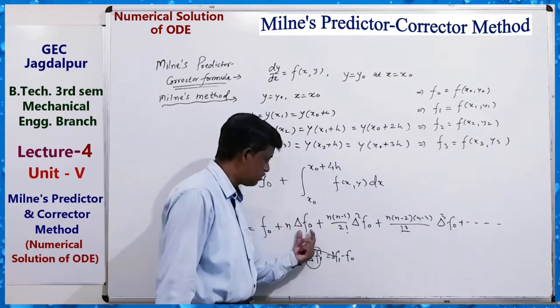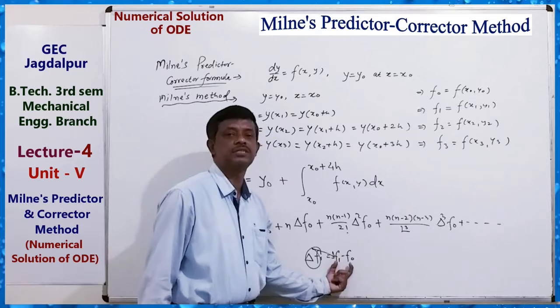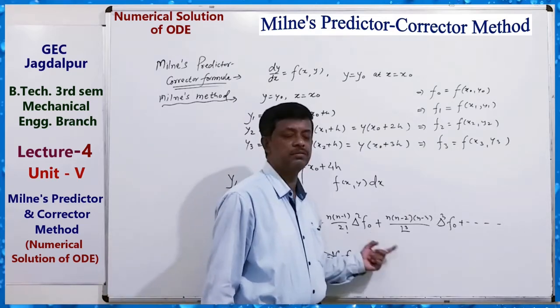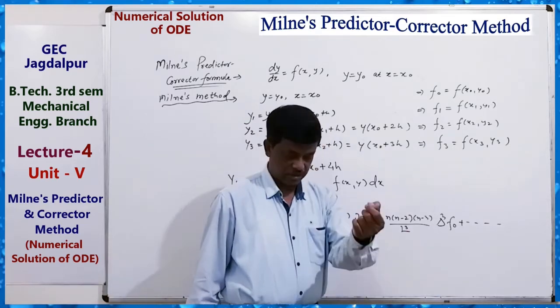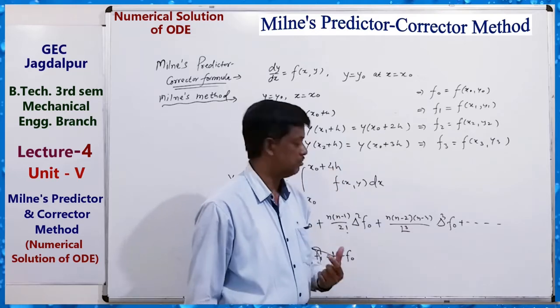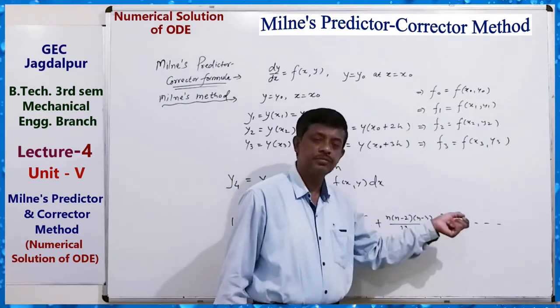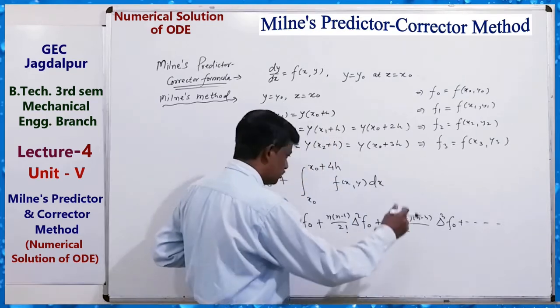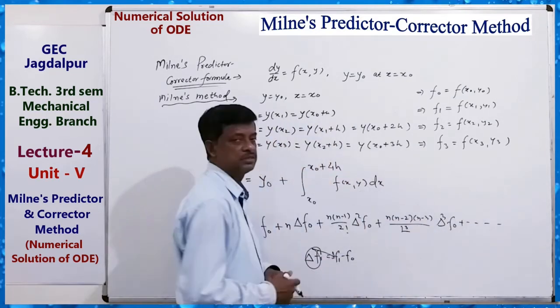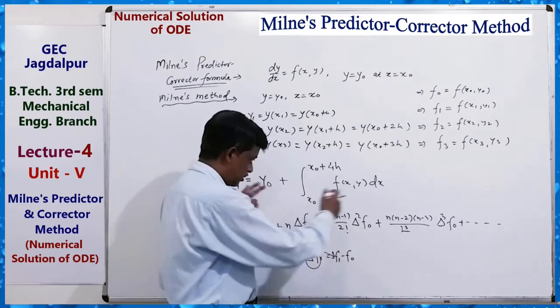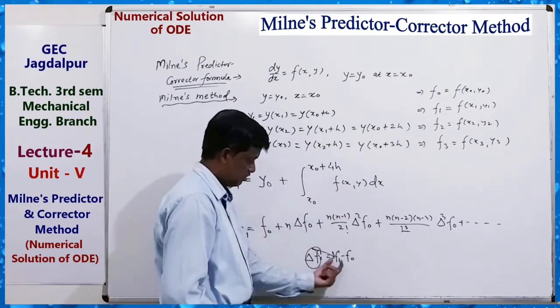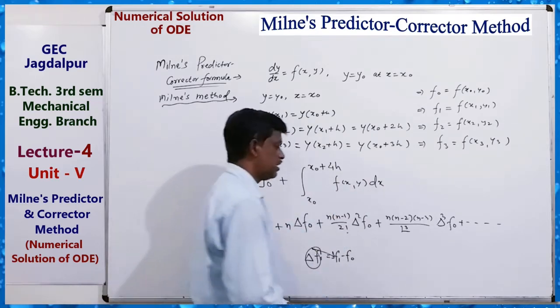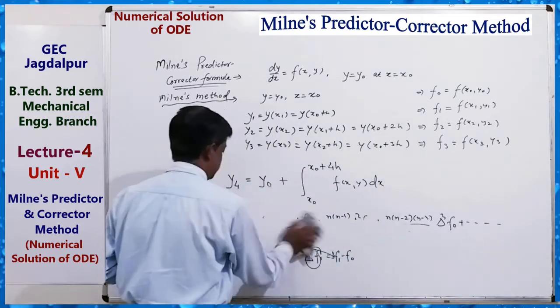So this difference can be written as functional values, this one also, and this one also. Just take up to the third difference here, and integrate in terms of functional values. Then we can get the formula.